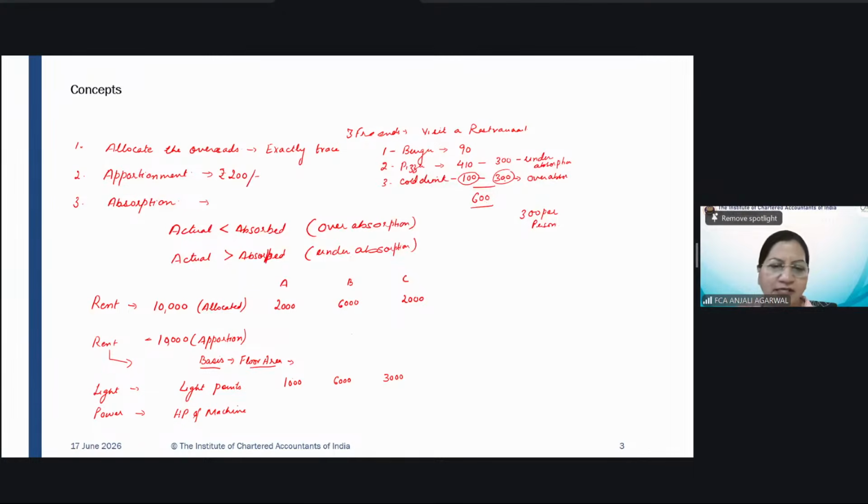If the overhead is, let's say, depreciation, the reasonable basis can be the value of assets or value of machines. If the expense is supervision, the reasonable basis could be the number of workers being supervised in each department.